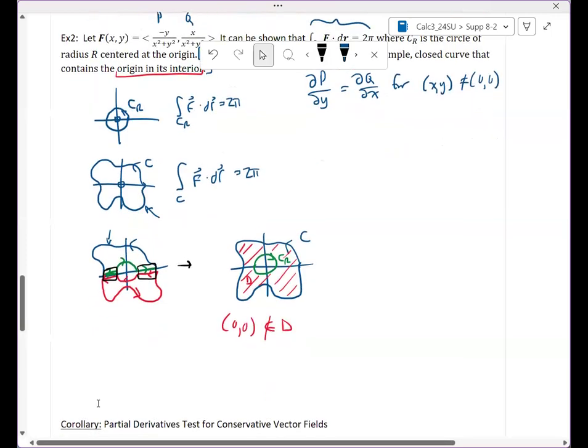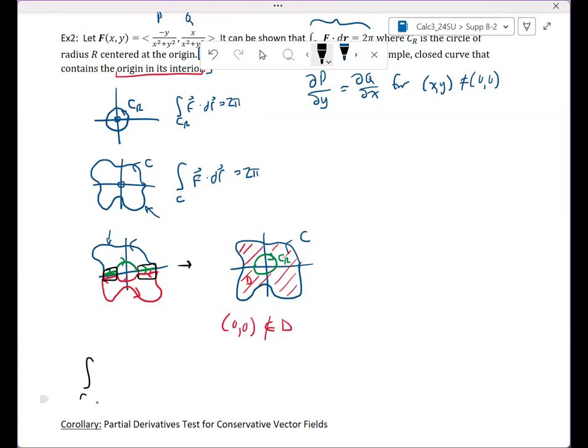Okay, now what can I say down here? Well, I can say that the integral over C of f dot dr minus the integral over CR of f dot dr. Again, I've used a top curve here, some curve whose interior region does not contain the origin.